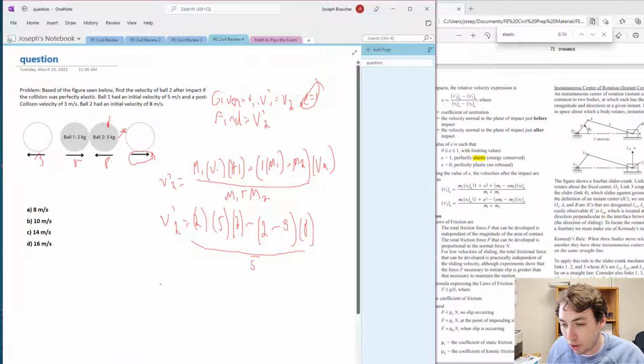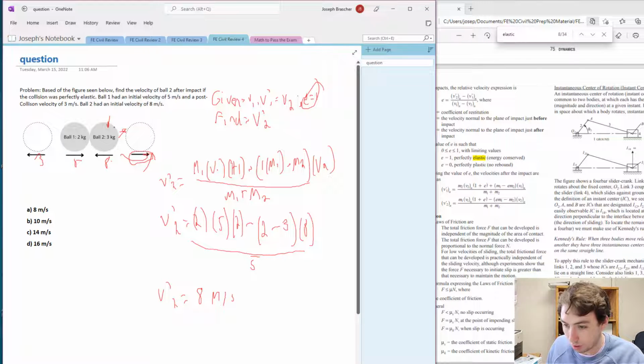And if we calculate all that out, V prime of 2 is going to equal 8 meters per second, normal to the plane here. So it went back this way at 8 meters per second, despite also having the initial velocity of 8 meters per second.